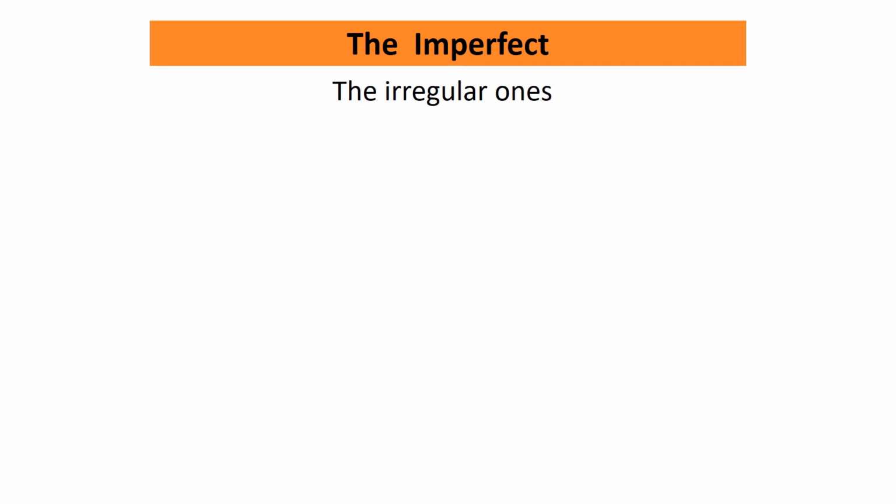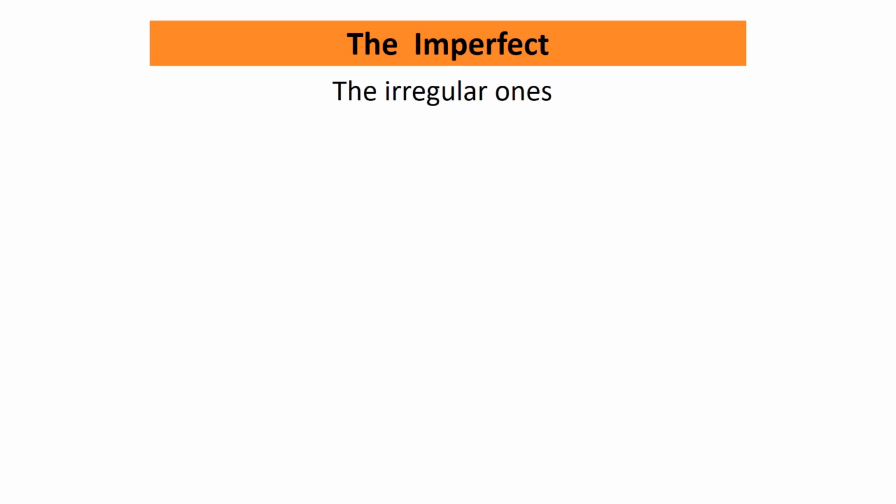Now we're going to see how we conjugate it when the imperfect is irregular. In this case, it's a little bit different than preterite. In preterite, we saw that many different verbs were irregular. However, with imperfect, we only have 3 verbs that are irregular, and they are the ones that we're showing on these slides. So it's ir, ser, and ver.